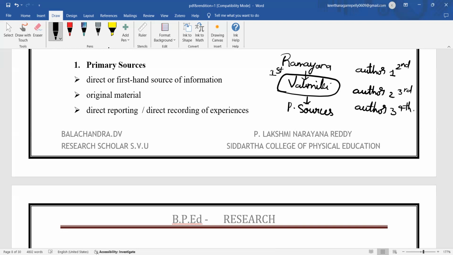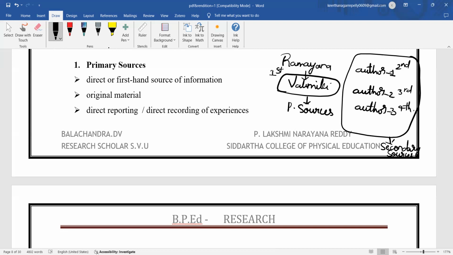The first book is always considered the primary source. Valmiki Ramayana is the primary source. Any other Ramayana book written by author 1, 2, or 3 becomes the next source, which we call the secondary source. So all these three together we call secondary sources.